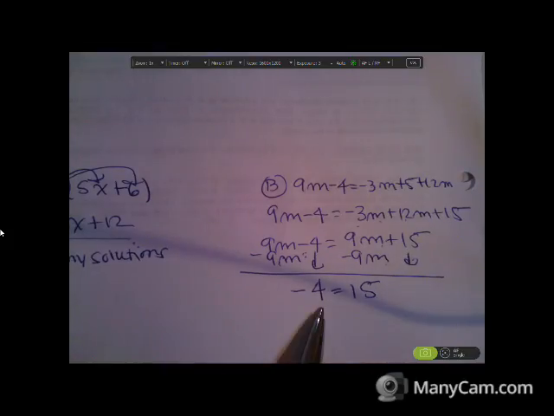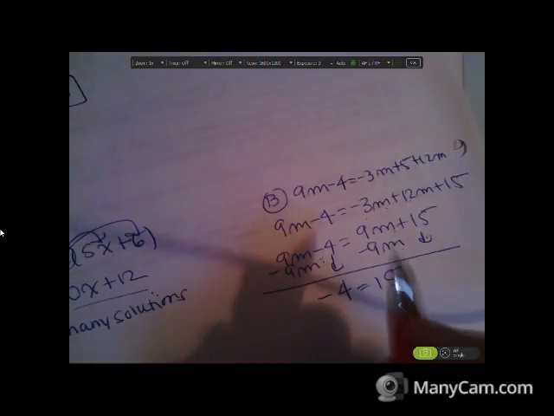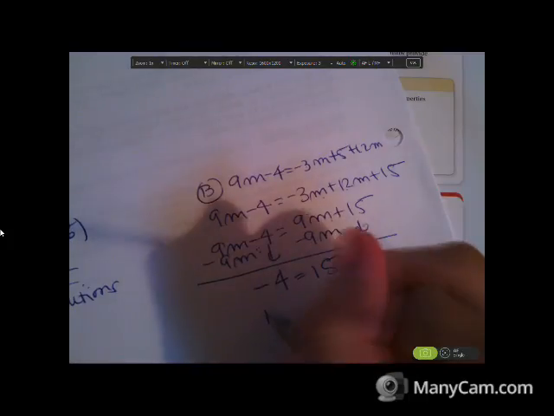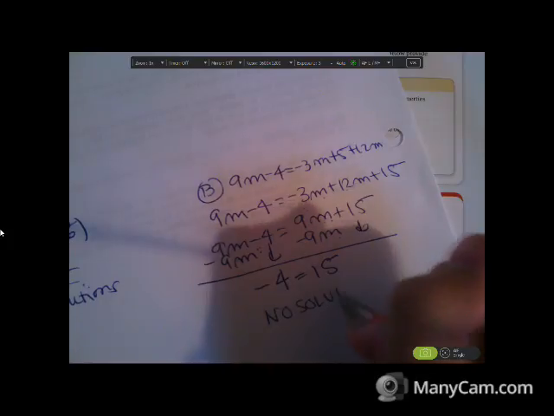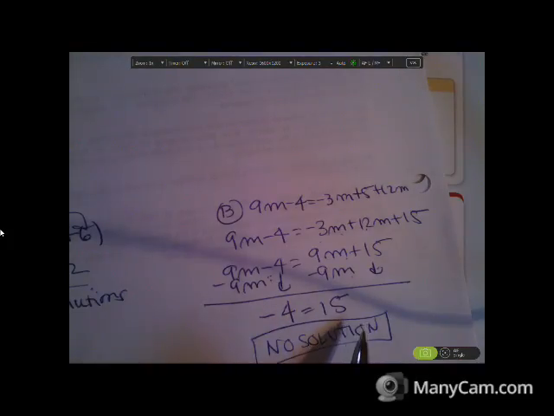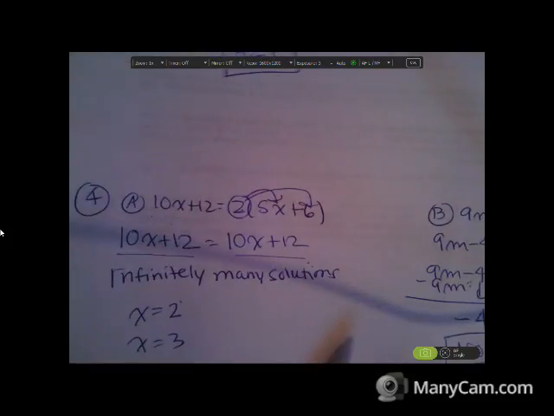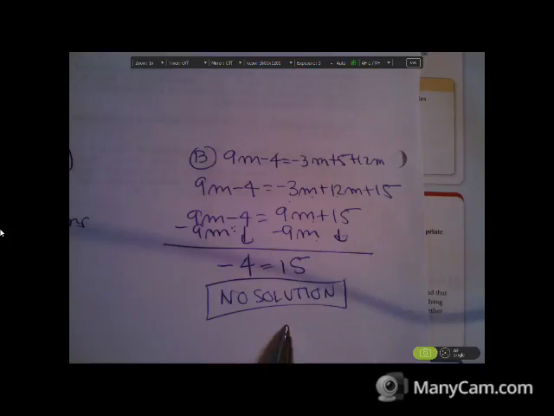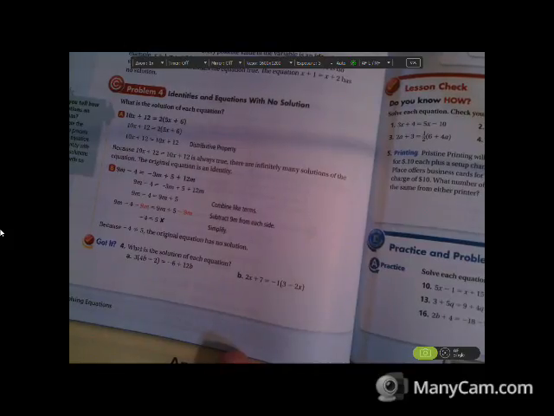So since the left side doesn't equal the right side, this equation up here has no solution, because the left doesn't equal the right. But you can see in letter A, we had infinitely many because the left did equal the right. So no solution. So why don't you try the got it down here. What's the solution to each equation?